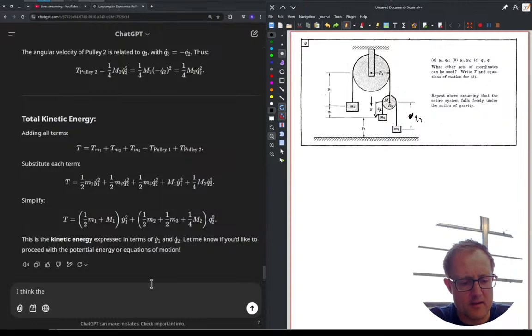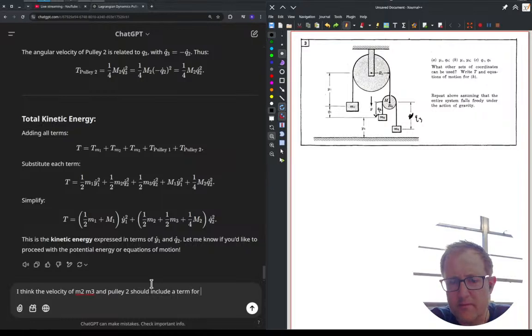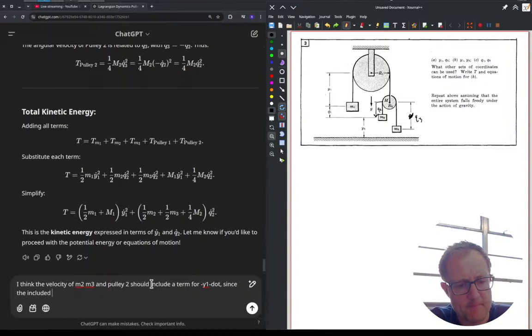I think the velocity of M2, M3, and pulley 2 should include a term for negative y1 dot, since the included terms are relative to the moving pulley 2.